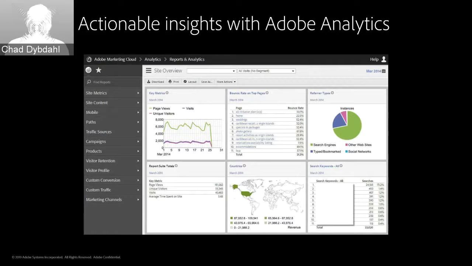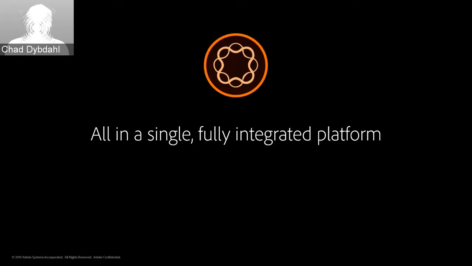So these are really interesting ways of thinking about content that I'm not convinced a lot of folks are doing very effectively today. And we want to pull that all together into a single, fully integrated platform, which I would like to suggest is XML Documentation for Adobe Experience Manager.